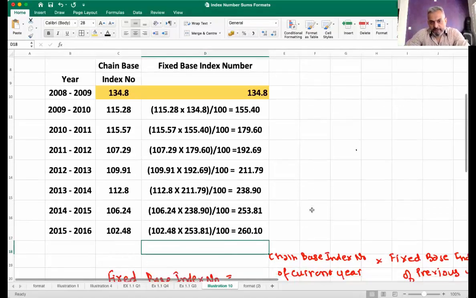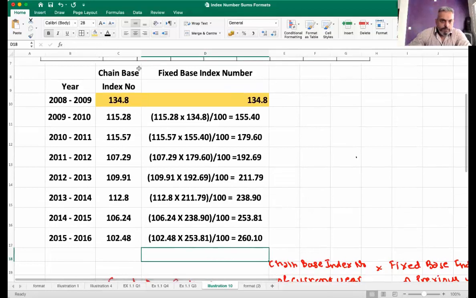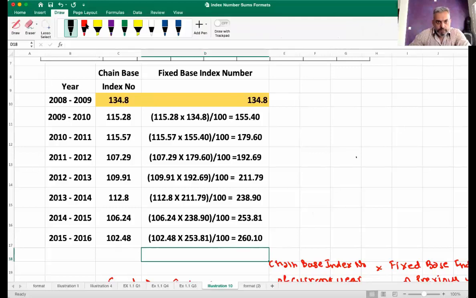Now what we have to be careful about is the first year. The first or initial year will always be the same.